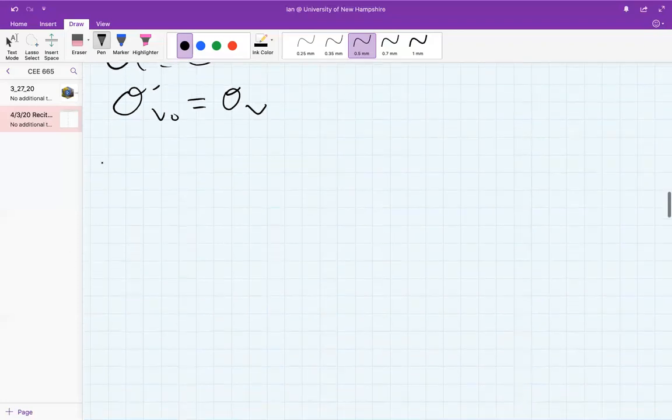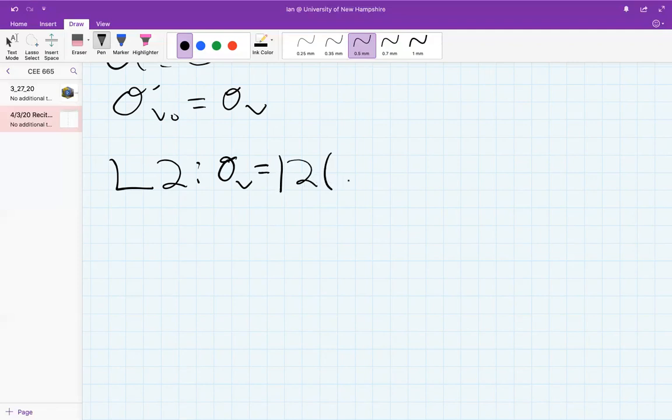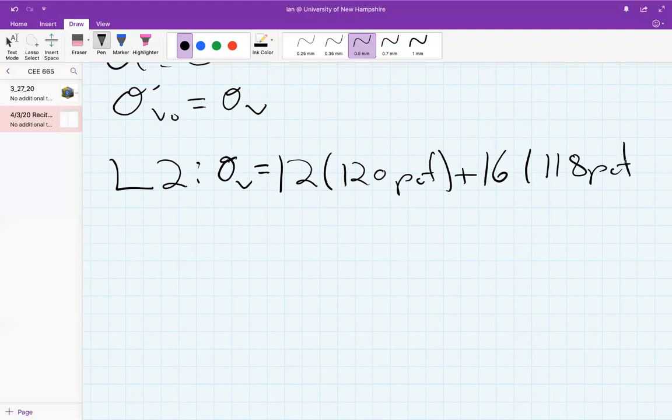So now for layer 2, we're going to do, all right, total stress equals 12 feet times 120 PCF plus the 16 times 118 PCF. So therefore, we're going to get a total stress equal to 3328 PSF.